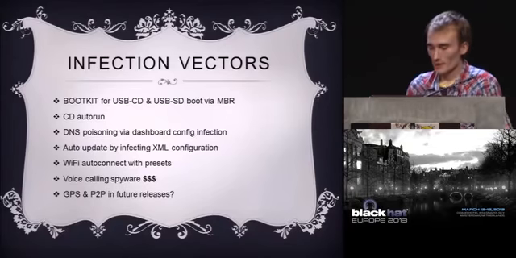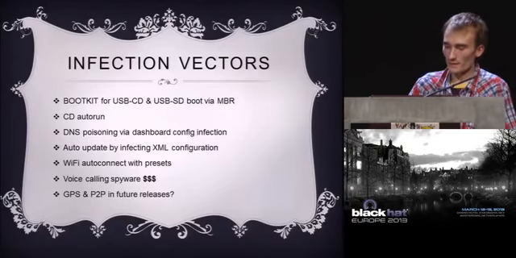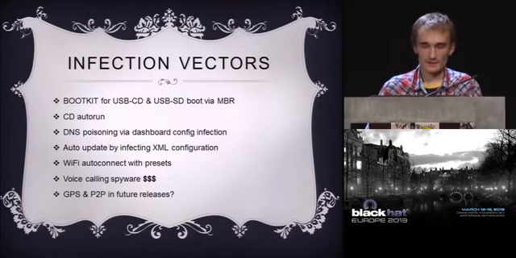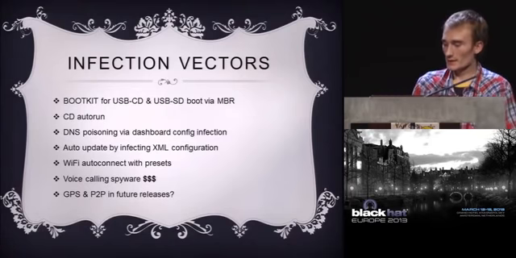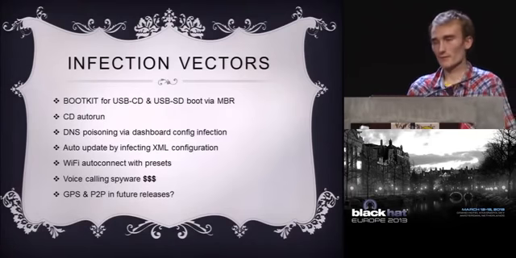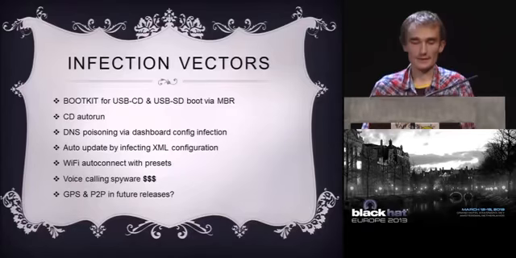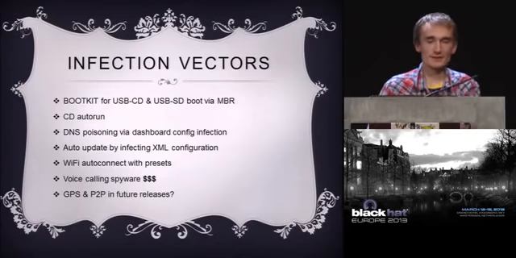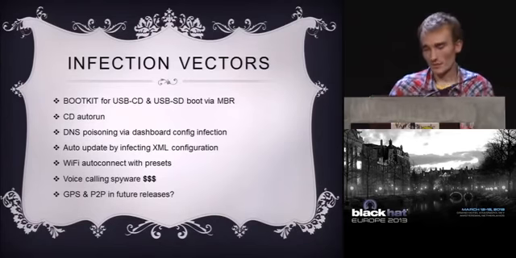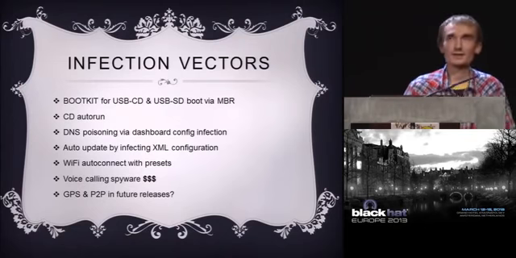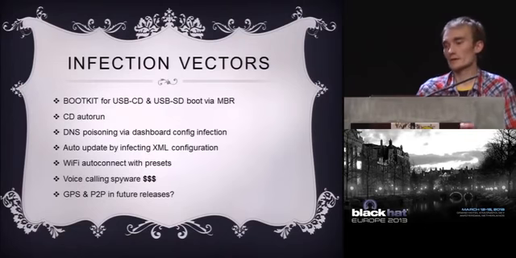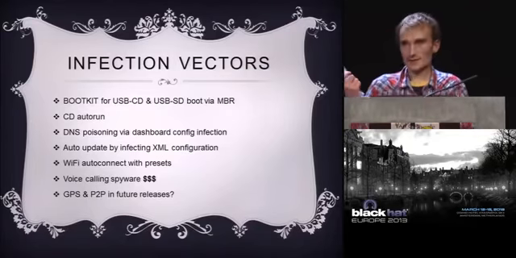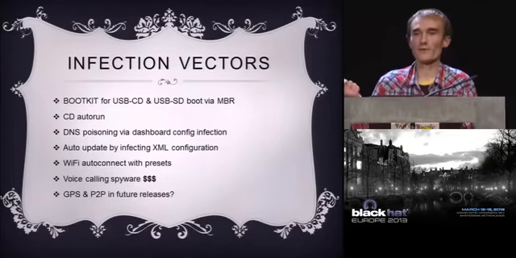For example, if we can infect the USB modem on the fly, we can infect after autorun, because basically it's a CD and some device that gives you internet. Then via poisoning, overwriting config files, you can make DNS poisoning attacks and a lot more. And in the near future, or maybe it already happens, basically this is a USB modem, but in fact it's a cell phone.